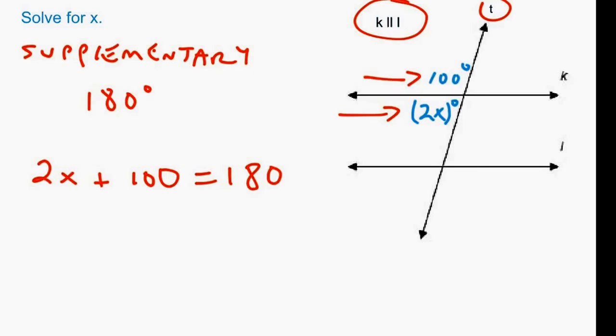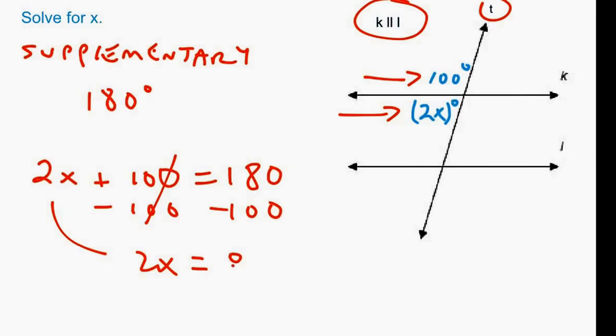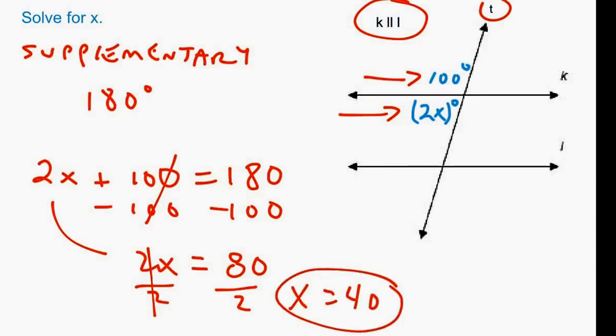I'm going to solve it. I subtract 100 on both sides. That cancels. Bring down my 2x equals 180 minus 100, which is 80. Divide by 2 on both sides. That cancels. X equals 40. And that's my solution.